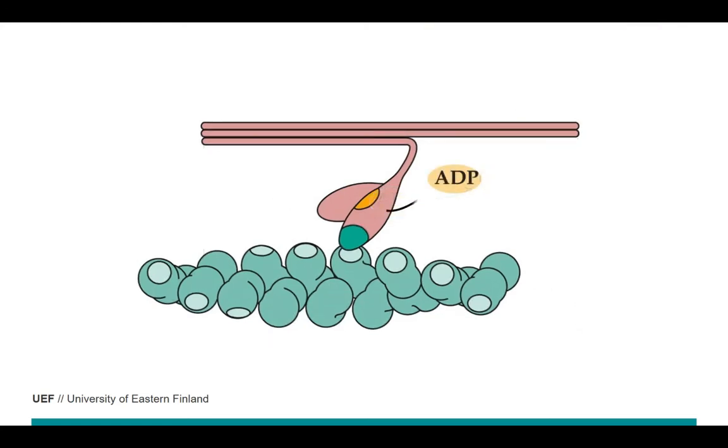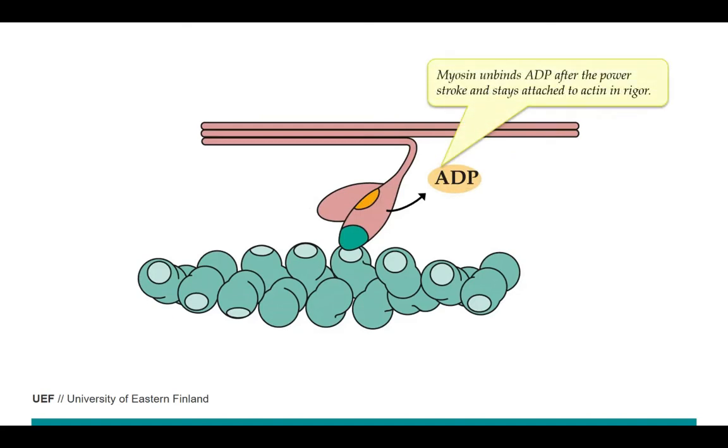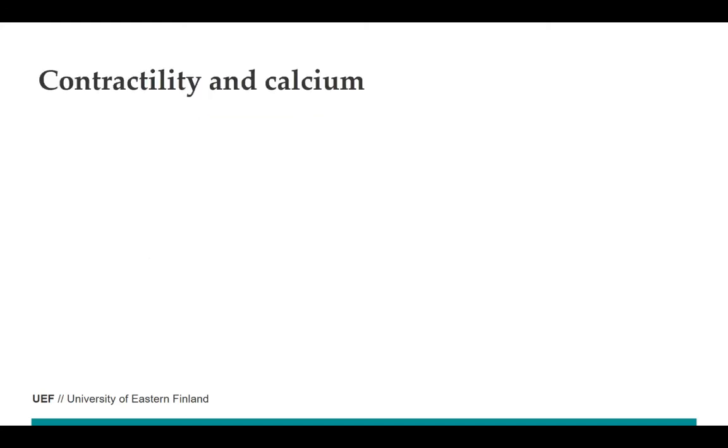And after that, the ADP is also unbound. And then you can have the second round and second round and second round. So it seems that you need ATP for the contraction, but you also need the calcium.